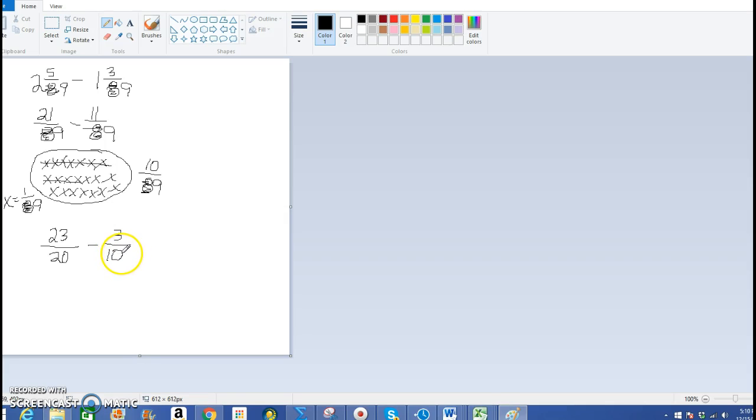So I've got to get a common denominator here. I can do that by taking 3/10, right? And if I multiply by 2/2, I end up with 6/20. All right. So if I have 23/20, and I'm going to subtract 6/20, I've got the same size pieces now.